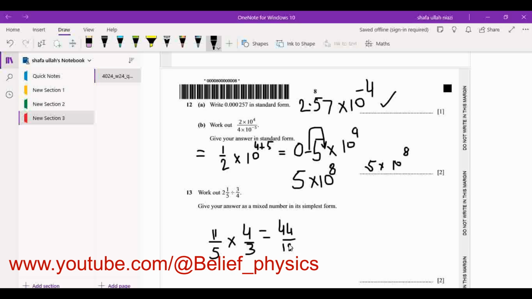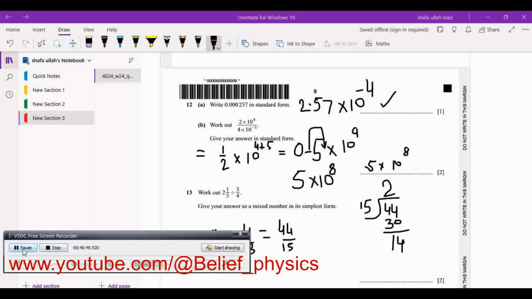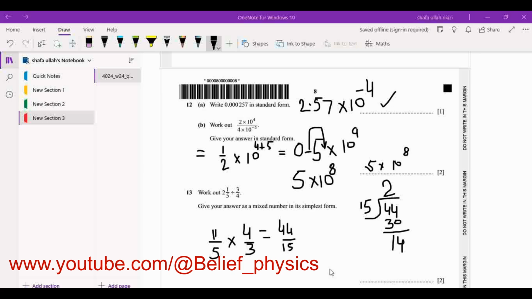So this will be 44 over 15. We have to give the answer as a mixed fraction. For a mixed fraction, we divide 44 by 15. It comes out to be 2 with 14 as the remainder.